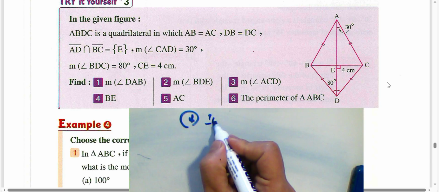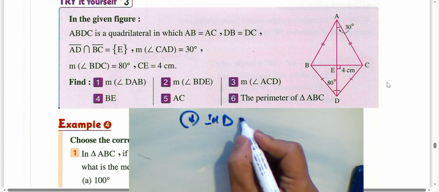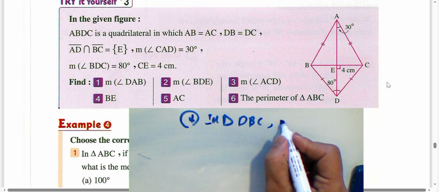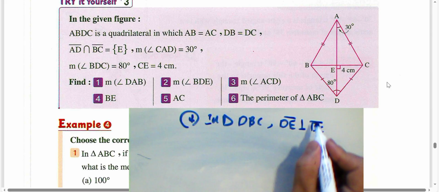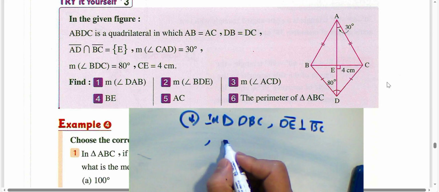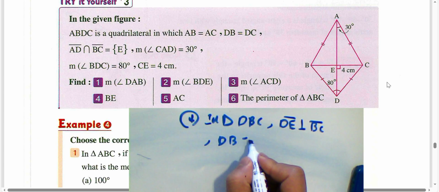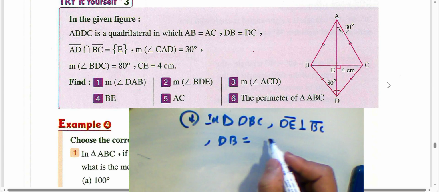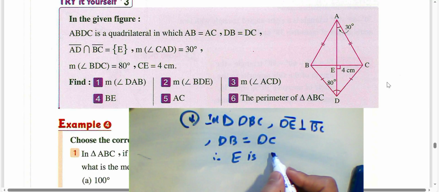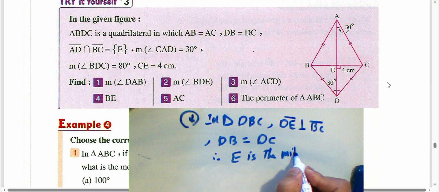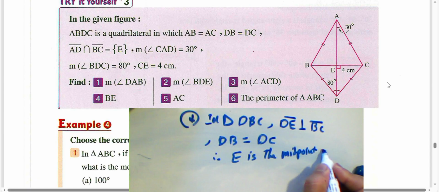Then we can prove that in triangle DBC we have DE perpendicular to BC and we have isosceles triangle DB equivalent to DC, so E is the midpoint of BC. It's the midpoint of BC.